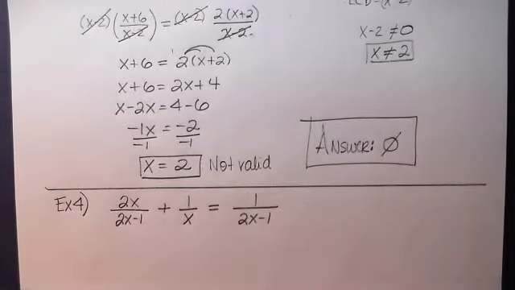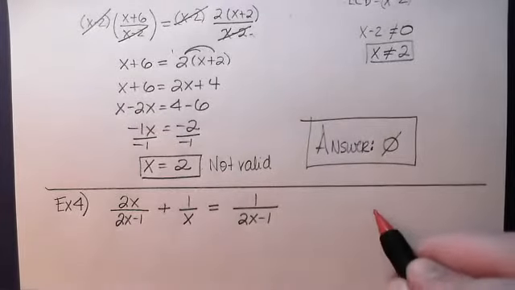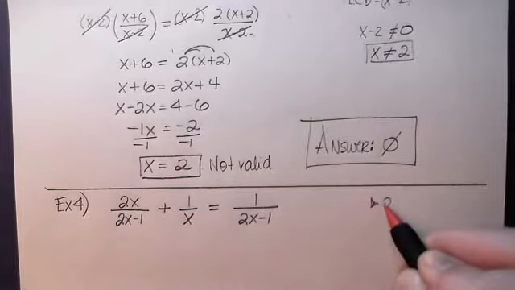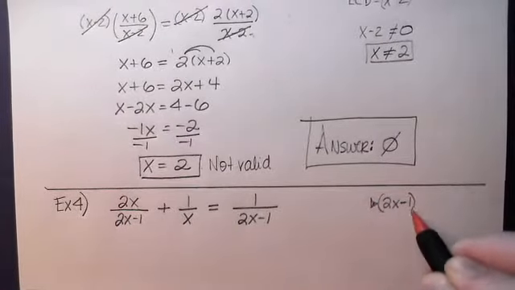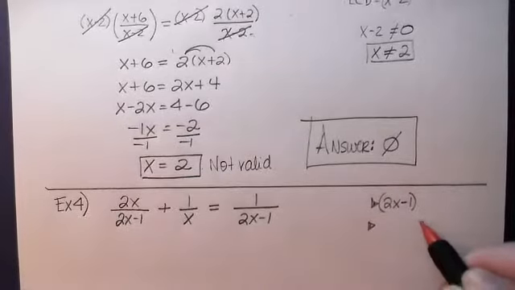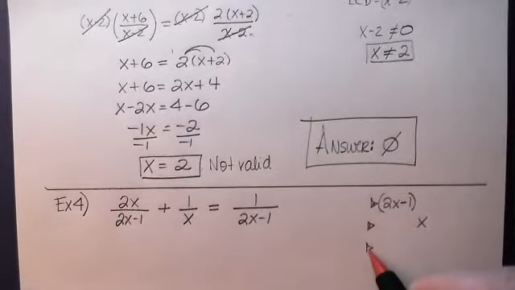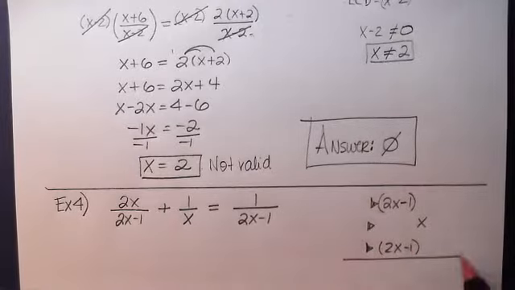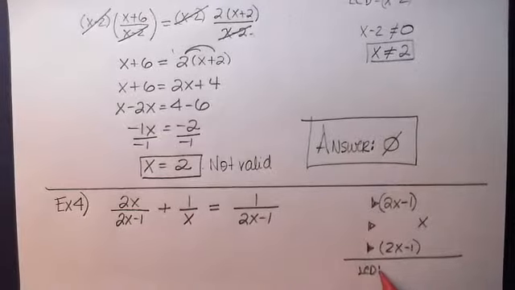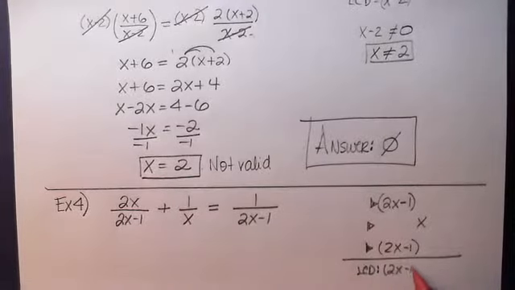Okay. First order of business is to find your common denominator, so let's write the first denominator. The second denominator is going to be x, and the third denominator again is 2x minus 1. So therefore, our common denominator or LCD is (2x minus 1) and x.